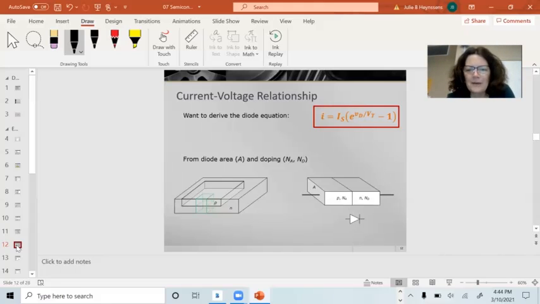But when we're thinking about this, IS right here is representative of the diffusion current. Because when I put it in reverse bias, this term goes to 0 and I get negative IS. It's a characteristic of a diode.